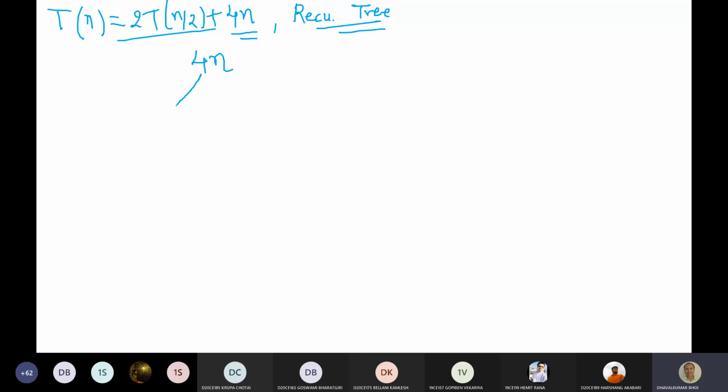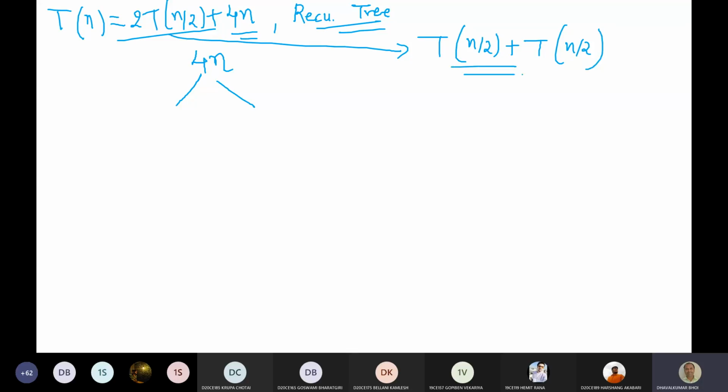अब क्या करना है आपको? This term is to be written as T of n by 2 plus T of n by 2, meaning 2T of n by 2 can be written like this. So this is going to be our left child, this is going to be our right child, and n is to be replaced with n by 2, plus 4n. Can anyone tell me what value I should write as a left child and what value as the right child?